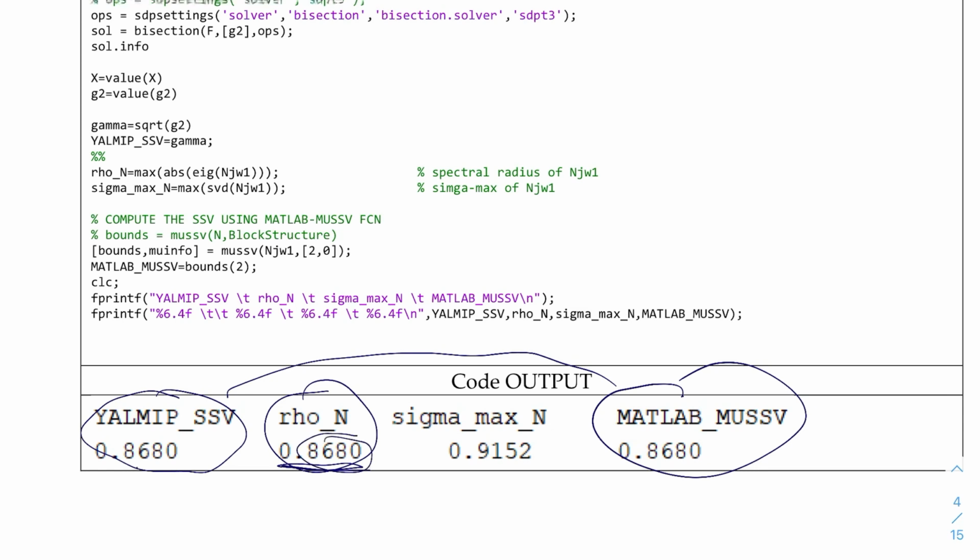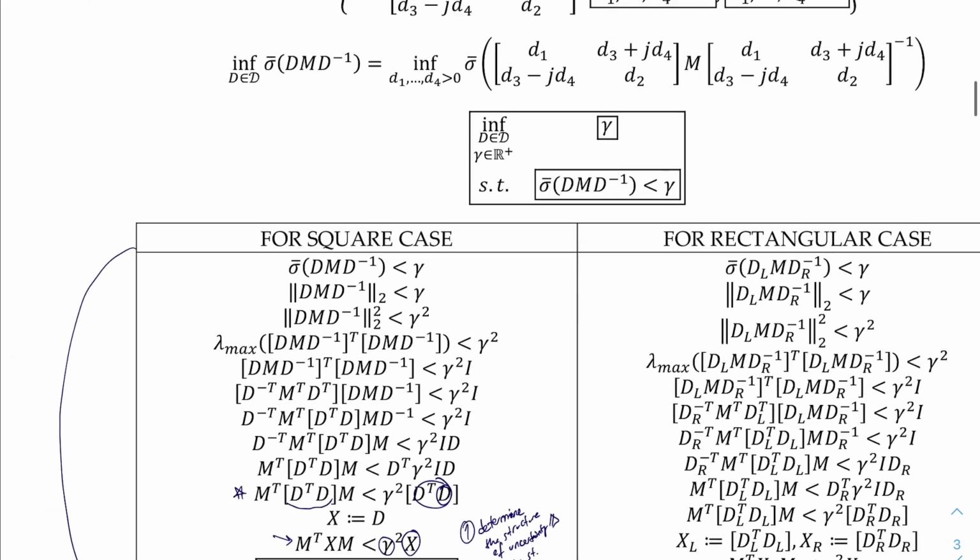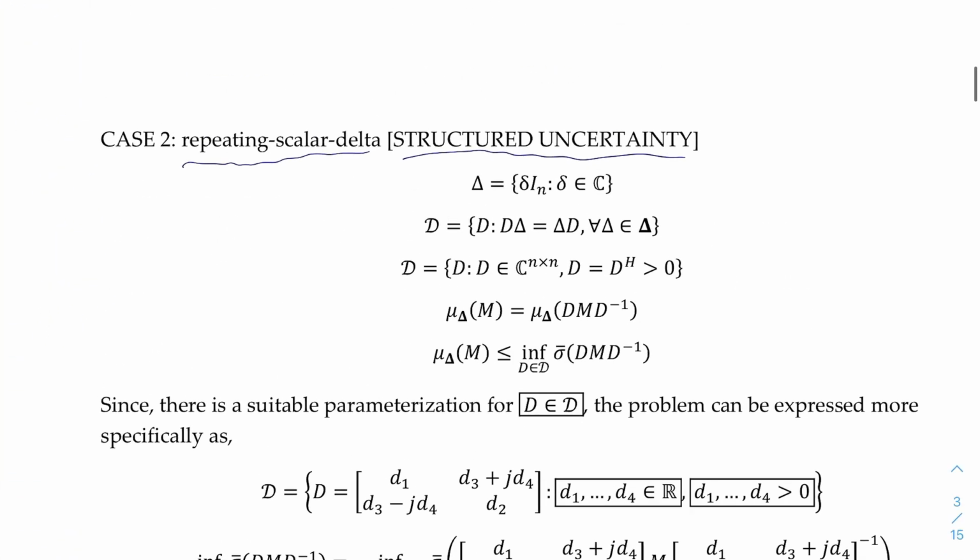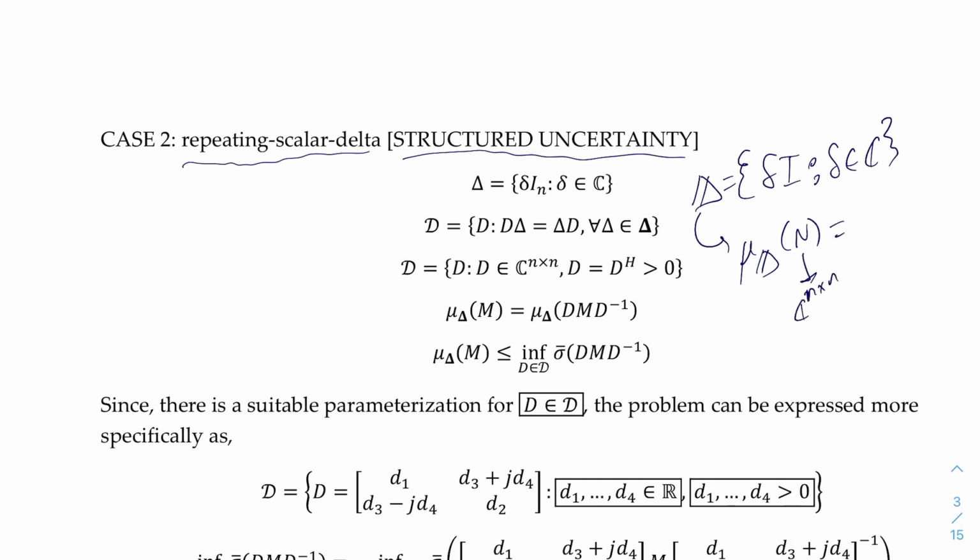And after that we realize that it's equal to 0.8680, and that's actually the special case for that type of uncertainty, where the SSV value is actually the spectral radius of N.